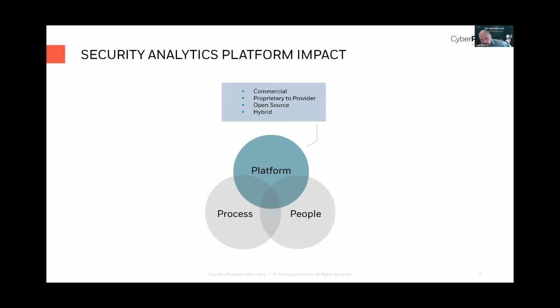So if you are using, for instance, a commercial solution that's off the shelf, can you look at those analytic rules that your provider has put in? Maybe you don't have the expertise to develop them all, but can you at least look at them, have some transparency, and then can you take those analytics rules with you?